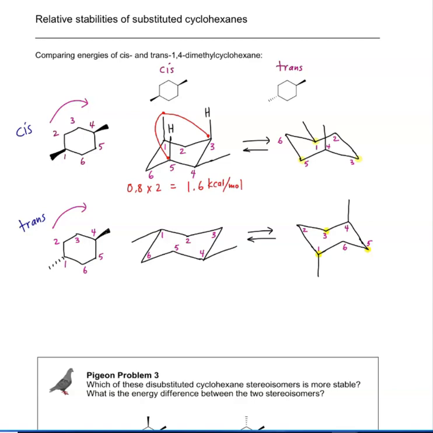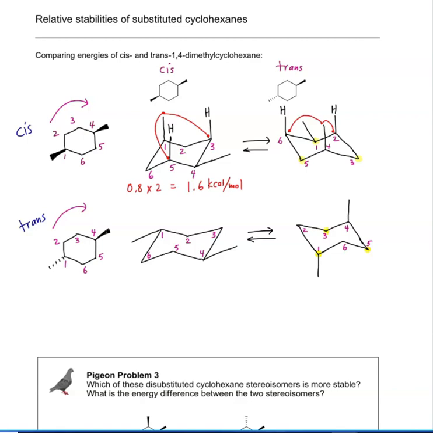In the other chair, we also have an axial methyl group, and so we would be looking for gauche-butane interactions to occur between the hydrogens on that methyl group and the axial hydrogens on the same side of the ring. Because that methyl group is pointing up, we'd be looking for the axial up hydrogens, and they are at carbons 2 and 6, as I've numbered the ring.